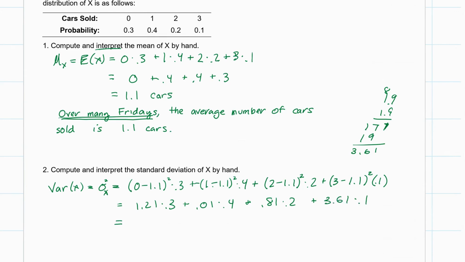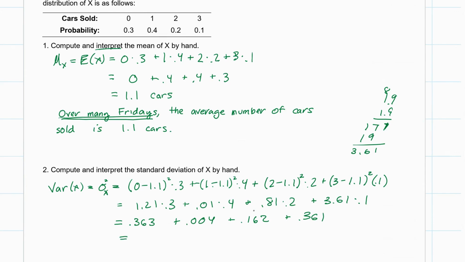Okay, now multiplying these two together, this is going to be 363 with three decimal places. All right. This is going to be 4 with three decimal places. This is going to be 162 with three decimal places. And then move the decimal place one more time for there.